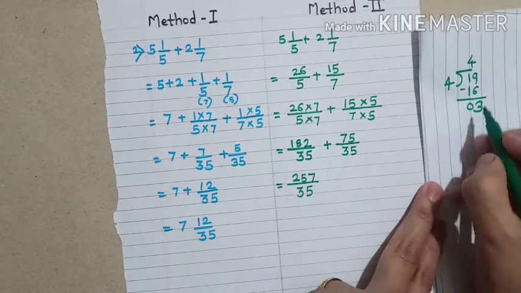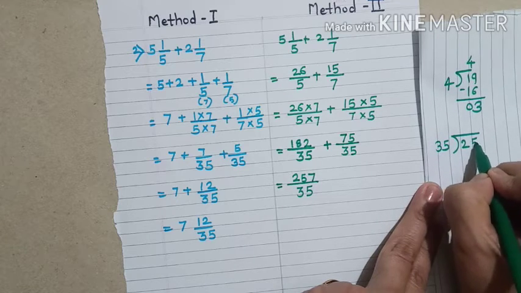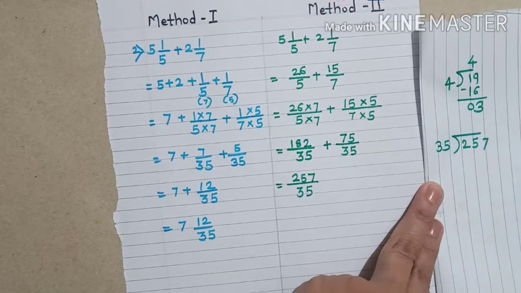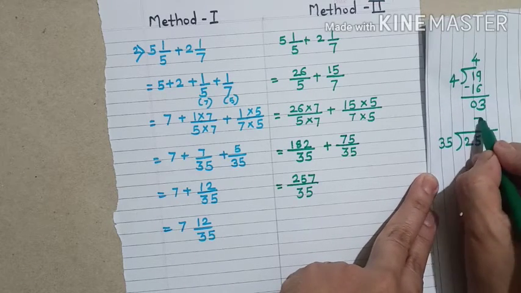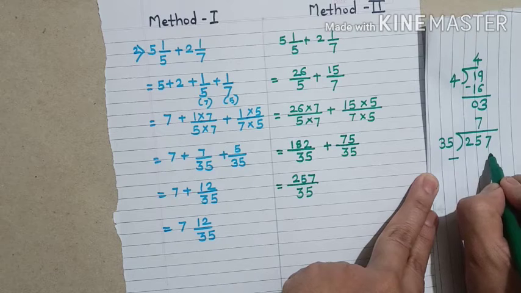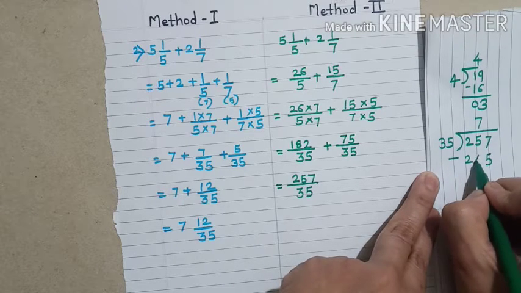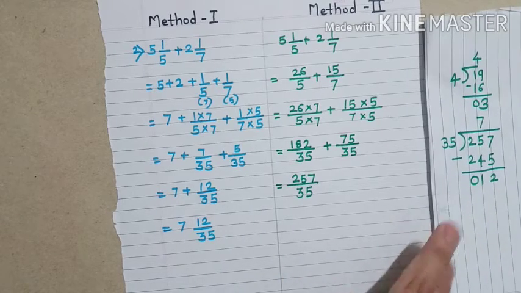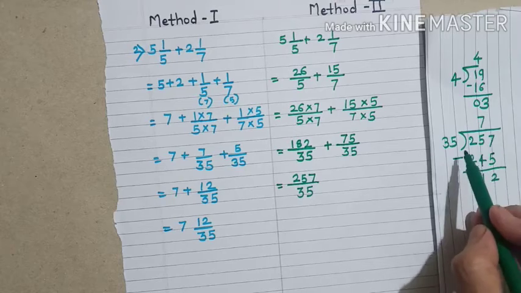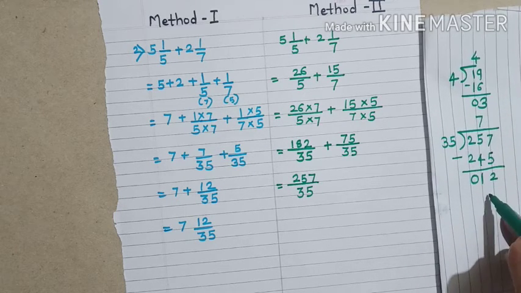So in our rough page we are dividing this number. Now here, while dividing this number by 35, the quotient is 7 and the remainder is 12.